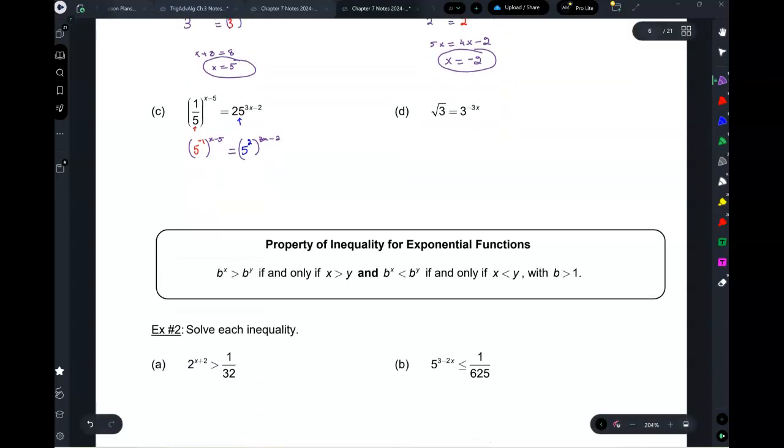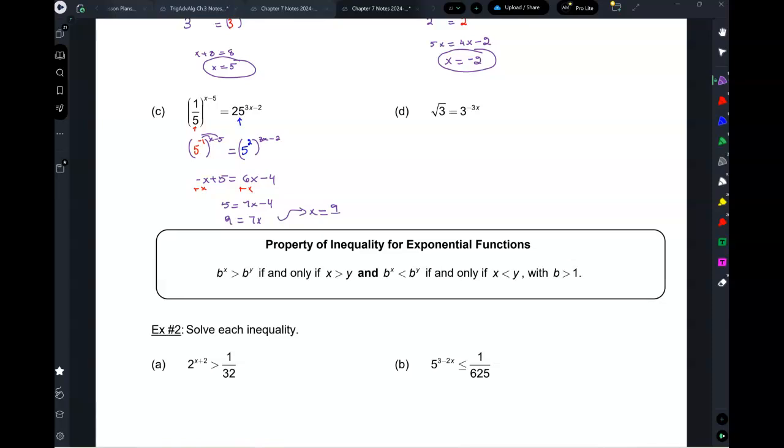So now, remember, we distribute this, right? So negative x plus 5 is equal to 6x minus 4. I think I'm going to add x to both sides here. So 5 is equal to 7x minus 4. 9 is equal to 7x. And finally, x is equal to 9 over 7.